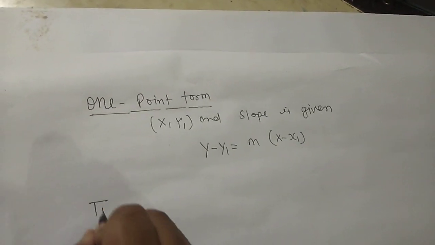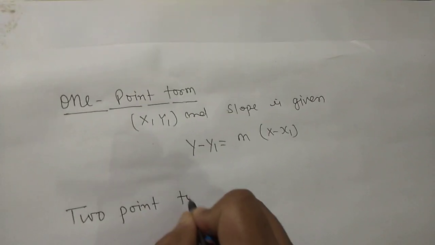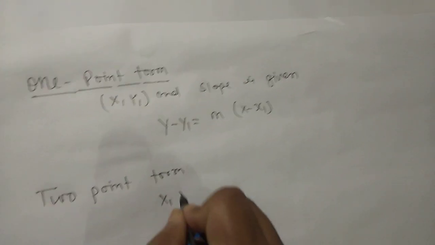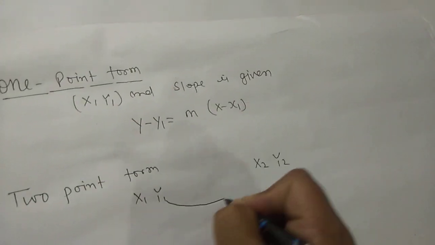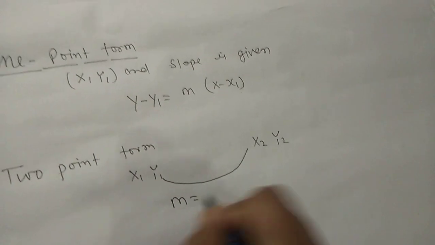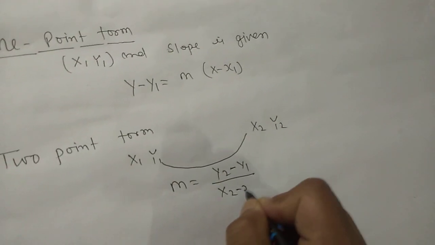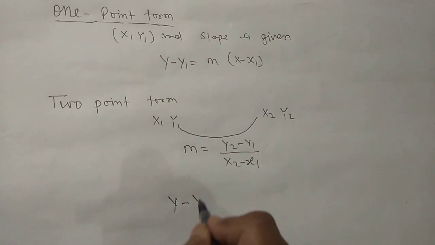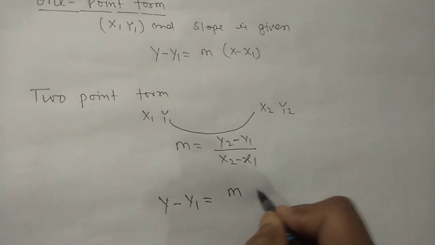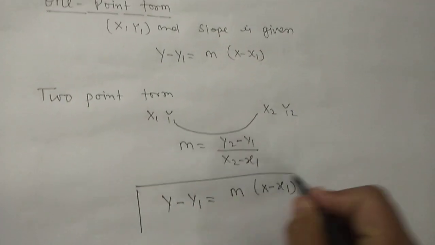Two-point form: (x1, y1) and (x2, y2). First of all you have to find the slope, (y2 minus y1) upon (x2 minus x1). Then you have to write the equation y minus y1 is equal to m times (x minus x1).